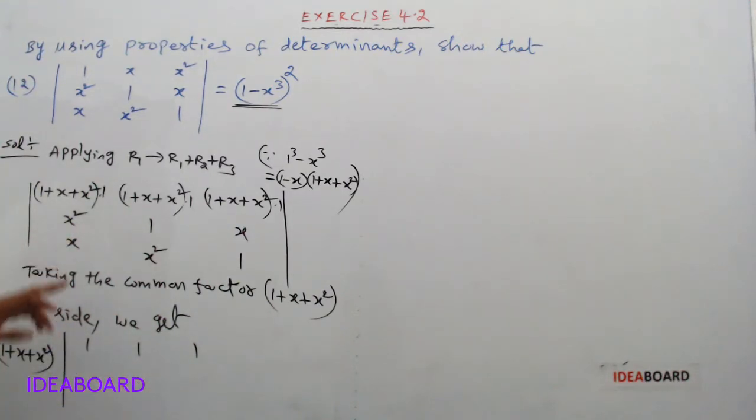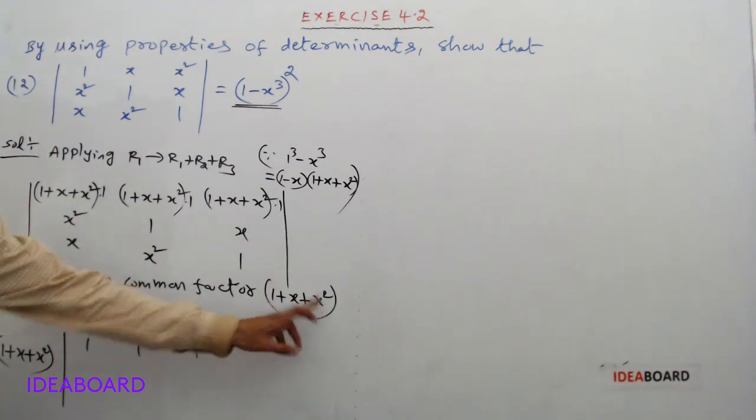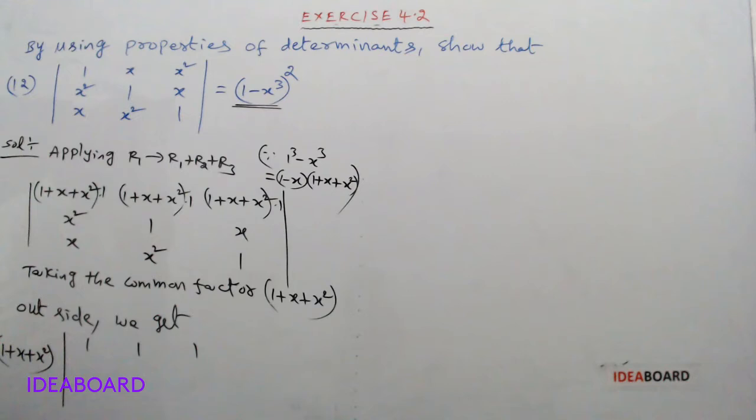Next we have R2 and R3; we are taking 1 + x + x² outside from R1 here.